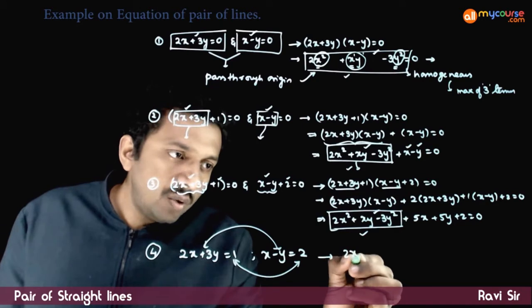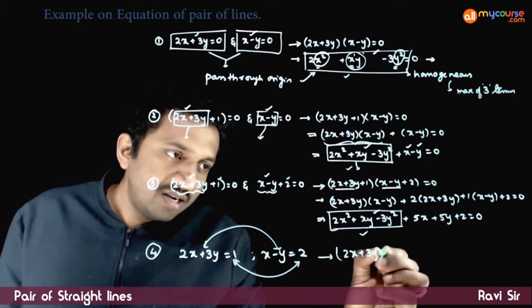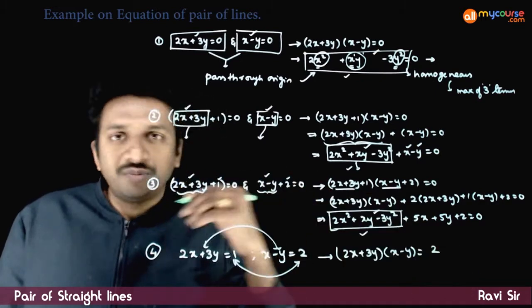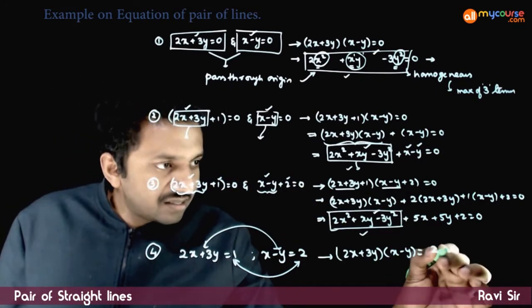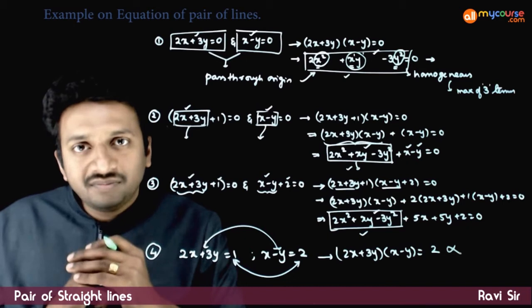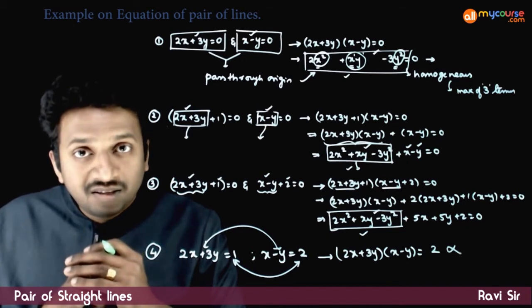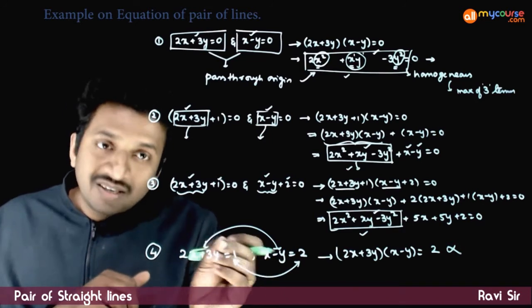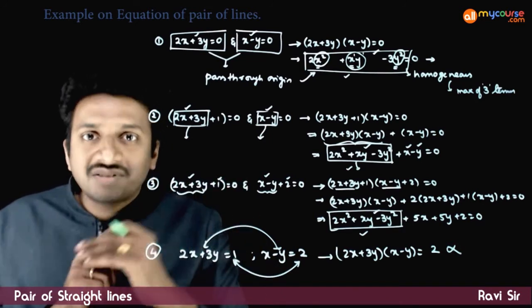It is 2x plus 3y times x minus y is equal to 1 into 2, which is 2. So this is wrong, because it does not give the same answer as you get in the previous method.